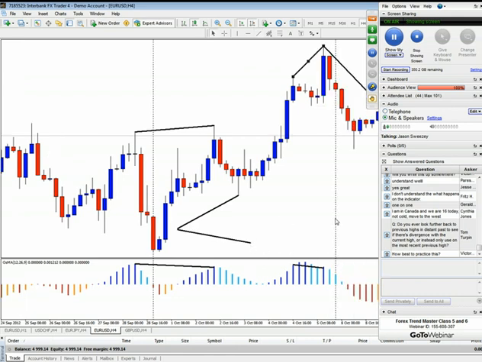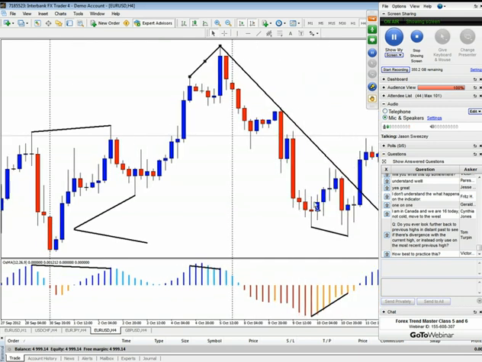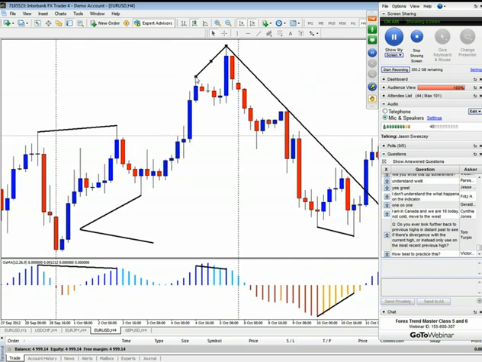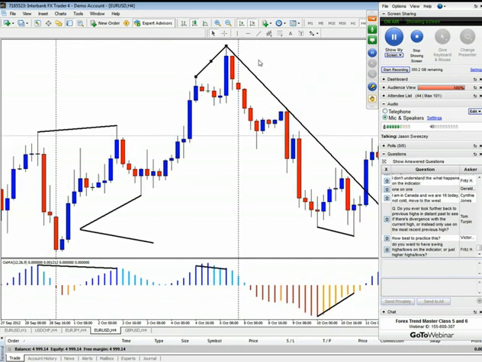That's your divergence. It's always got to be the opposite on the indicator. And it's the same for going the opposite way. You're going to have one go like this to go bullish, and then on the indicator, it's going to be the opposite.